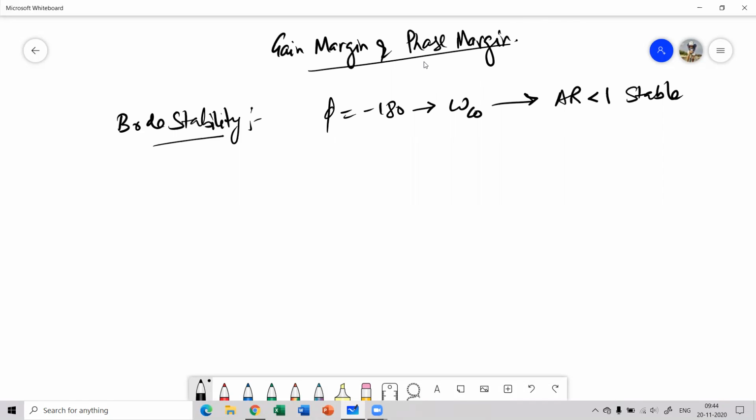Now, on the same concept, your gain margin and phase margin work. Basically, gain margin and phase margin are the design parameters for designing any controller, which includes the factor of safety.